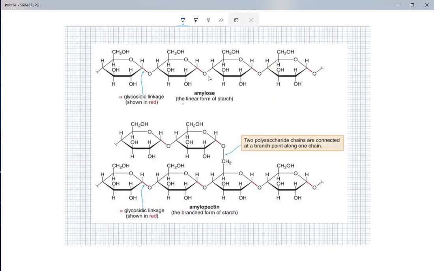So here's amylose. We refer to this as a linear form of starch. And then there's amylopectin. Remember, starch had two flavors. I call them flavors, or varieties if you wish. Amylose and amylopectin.